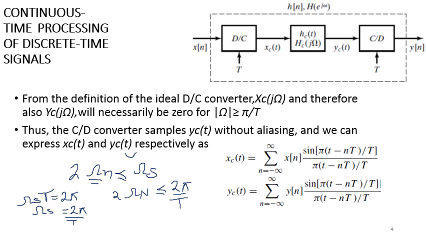Okay, so 2 cancels with 2, so we get the relationship. That means for positive or negative frequencies, omega N should be less than pi by T. So for omega greater than or equal to pi by T, these two signals must be 0, so that we can ideally convert them from discrete to continuous without aliasing, because if this condition is not met, then we'll have aliasing. You understand what aliasing is?